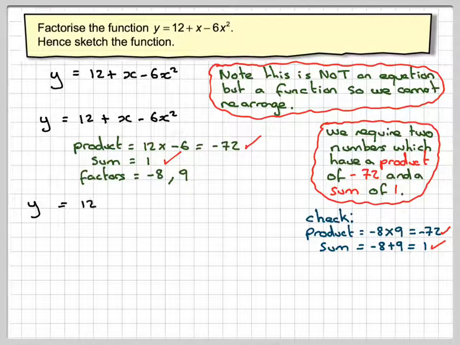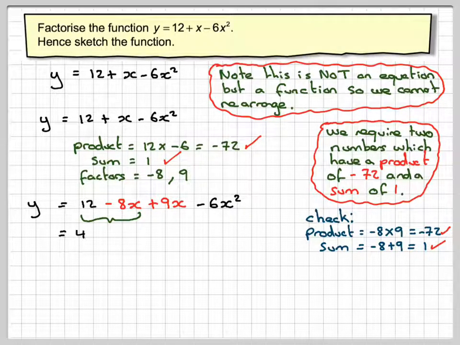So we've now got that y is equal to 12, we're now going to split the plus x into minus 8x plus 9x. Now it doesn't matter if we have these two round the other way, it makes no difference whatsoever. And then we've got the minus 6x squared on the end. And now we factorize by what's known as grouping, so we group these two together.